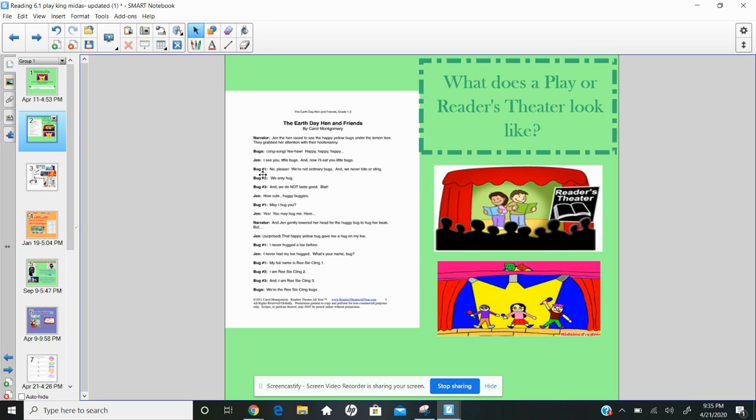Then Jen, bug number 1, bug number 2, and then it says off to the side what they would be reading, because this is like if they were standing in front of a stage and reading to you, and each person is a different character in the play, which is just like when you watch TV or movies. They are different actors who have different lines, is what we call that.